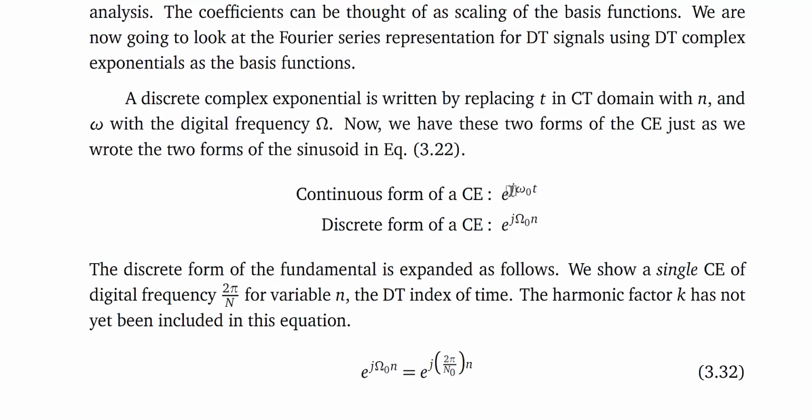In the continuous case, we write e to the j omega 0 t, and remember we replace t with n, and now we would write it as e to the j omega 0 n. This is the discrete frequency. So this is the discrete form, and this is the continuous form. We're not going to be dealing with continuous forms anymore because in this section we're talking only about discrete signals.